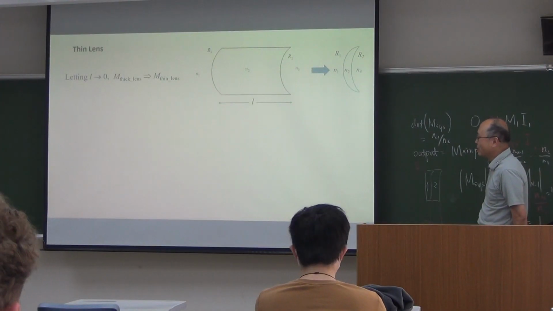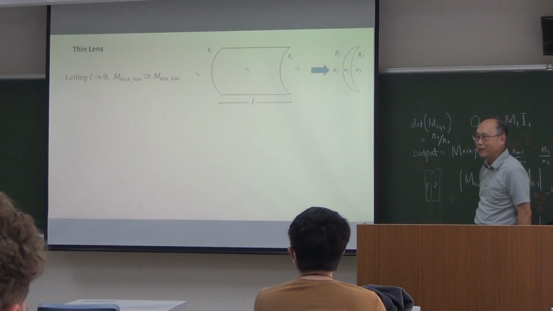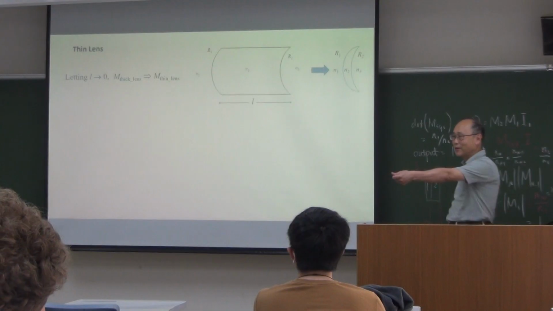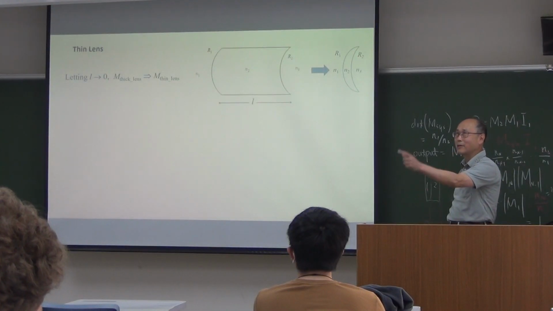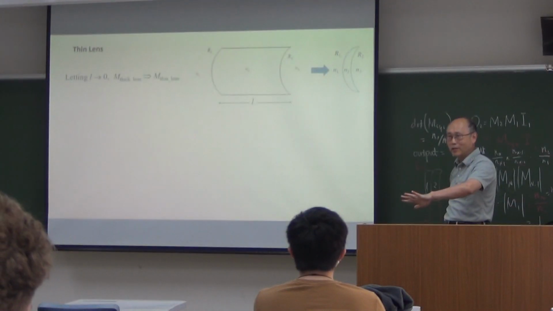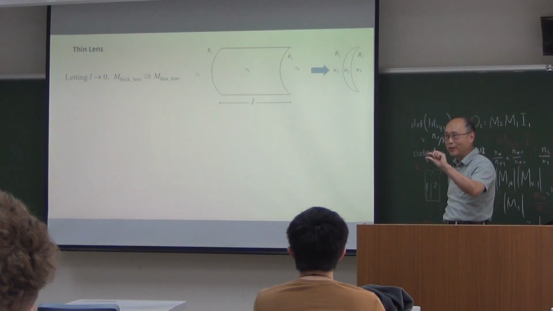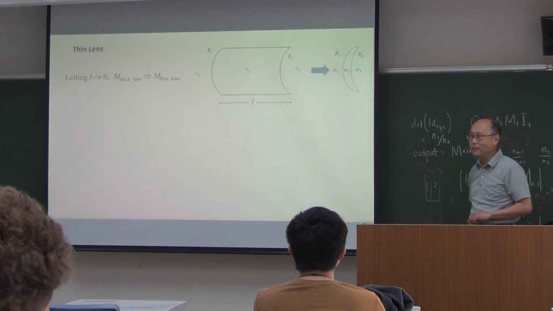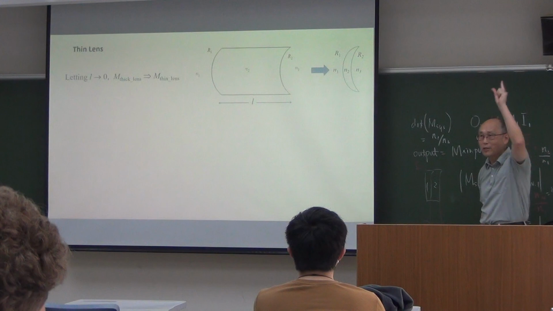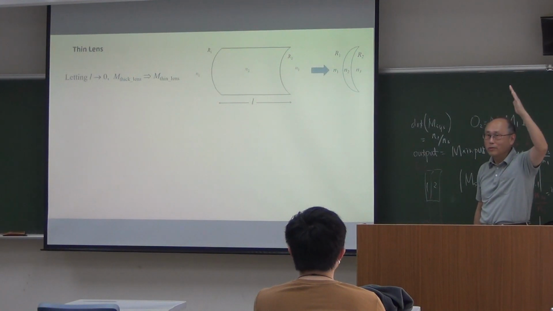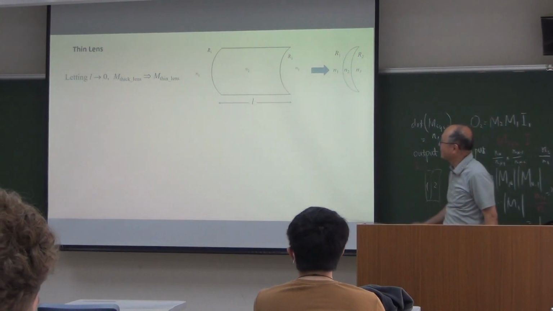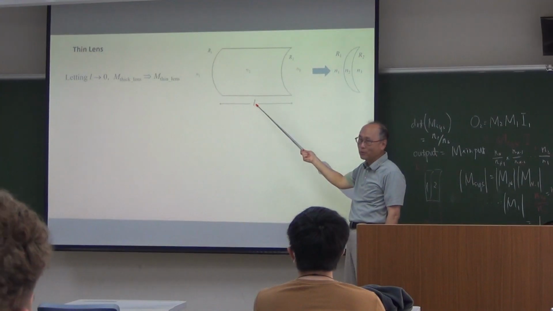Quite often we deal with thin lenses. Last time I gave you a thin lens and I put it on the lights. You see an image on the table, and the thickness of the lens is very, very small compared with the distance you try to do imaging. In this case, this L is very, very small.